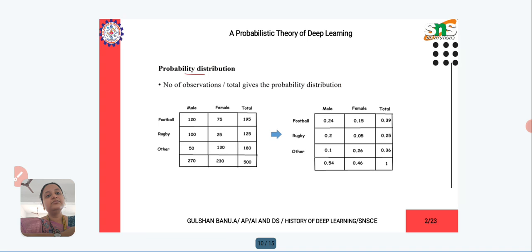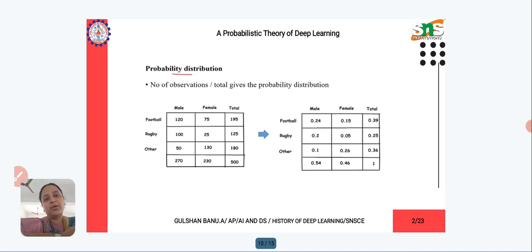Now, we will see how this probability distribution is generated. Here I have different categories like football, rugby and others. We have two genders, male and female. Both have different values, and we have the total number for each of the values. The probability value is obtained by dividing the given value by the total value.